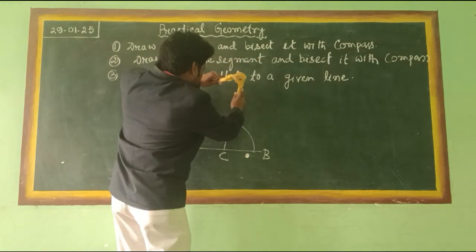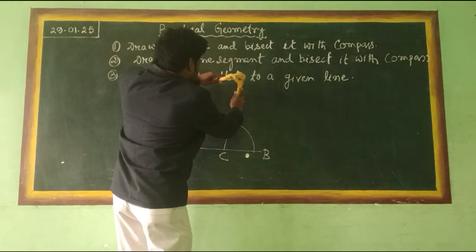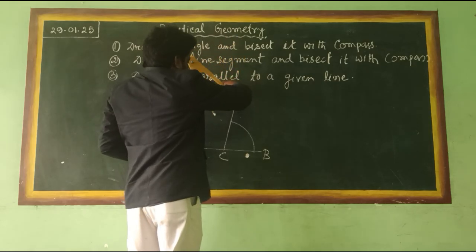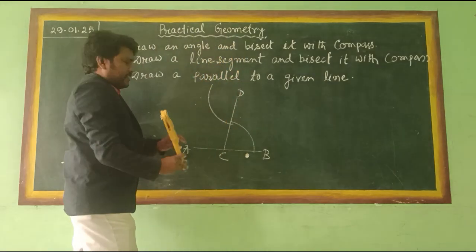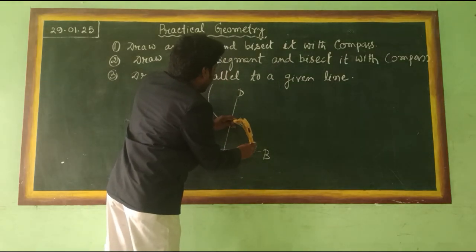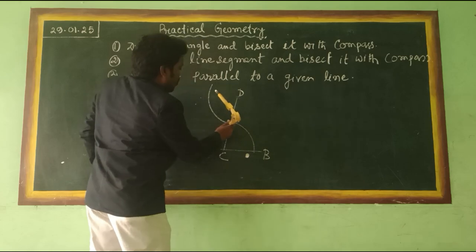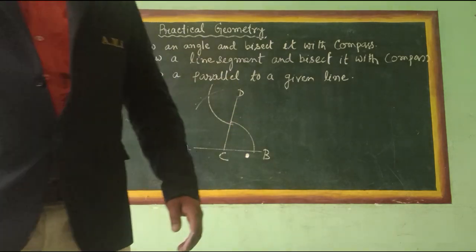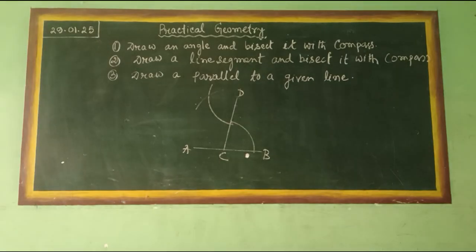From here, without changing the angle's arc, draw an arc here. Then measure the opening part. It is called the opening part of the angle. Now I have drawn the angle actually. What is the angle?